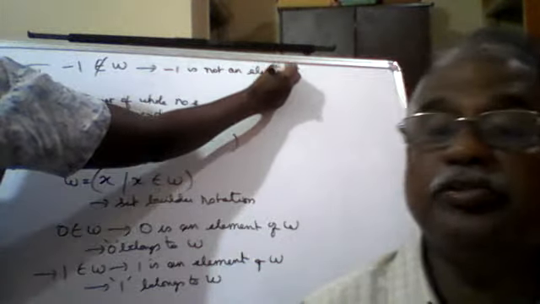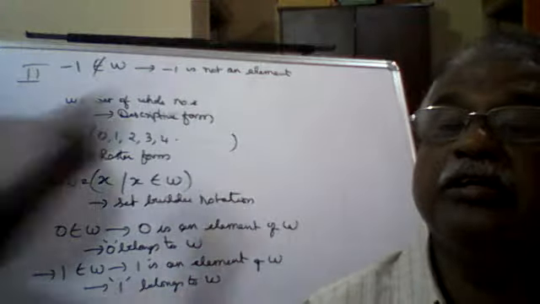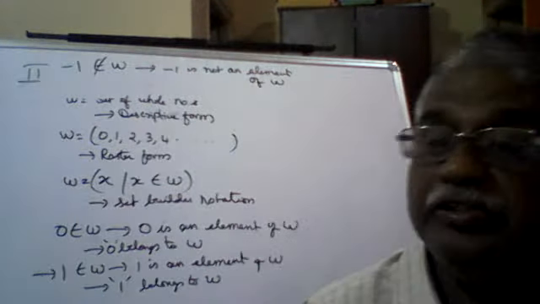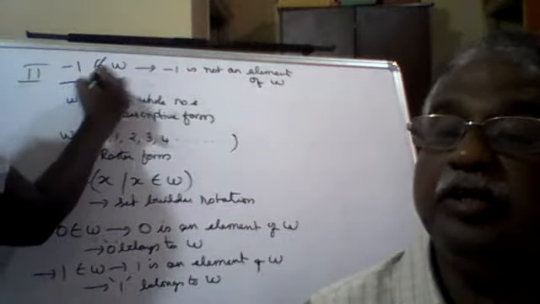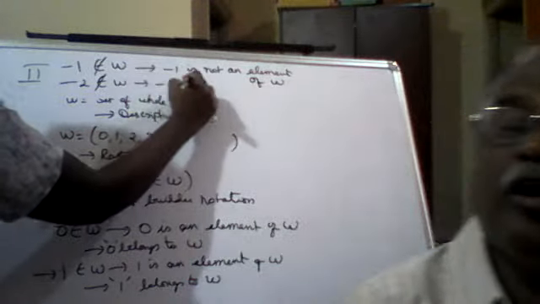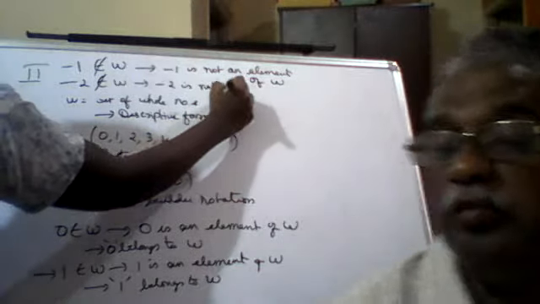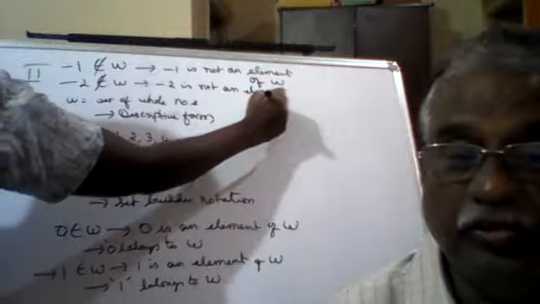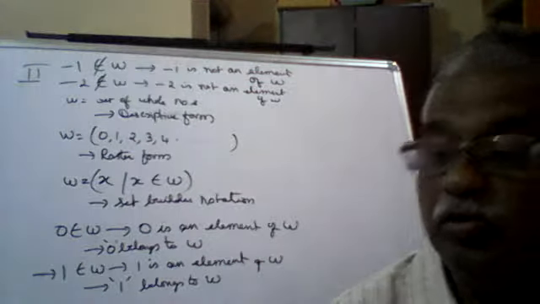One is an element, two is an element. So -1 is not an element of W. Similarly, -2 is not an element of W. If you cancel the symbol like this, it means not an element, or -2 does not belong to W. Now the first one is natural numbers, the second one is whole numbers.